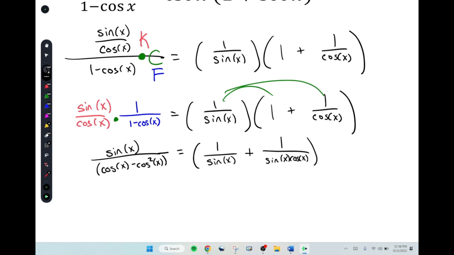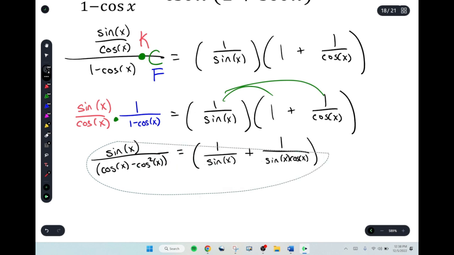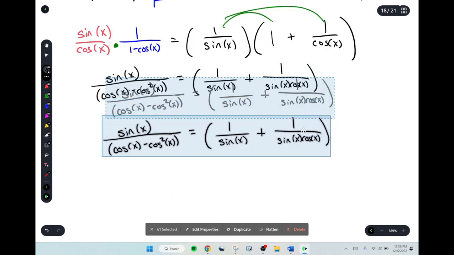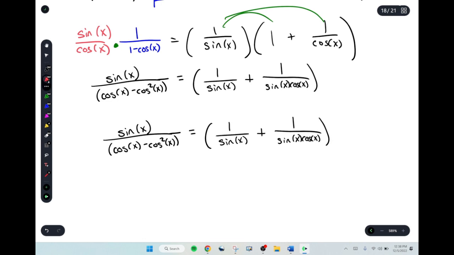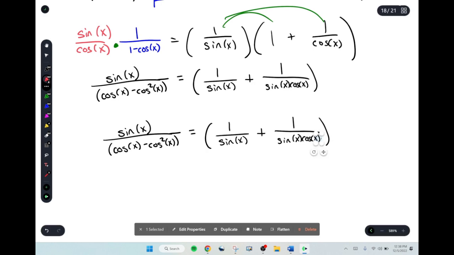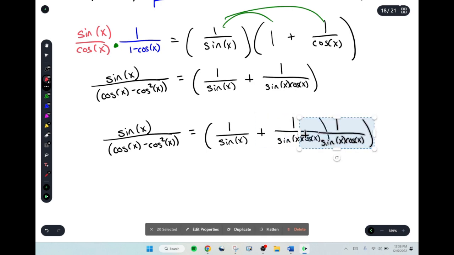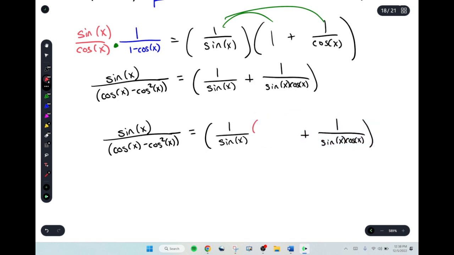Can we get a common denominator over on the left? And by left, I mean right. So if I multiply this term right here by cosine, something pretty sweet happens.